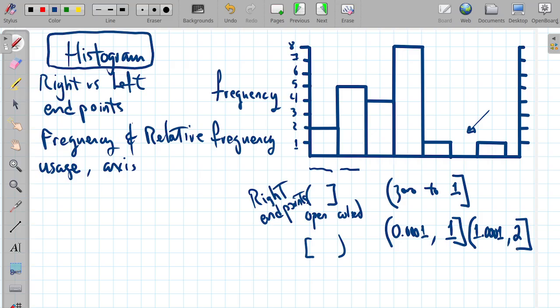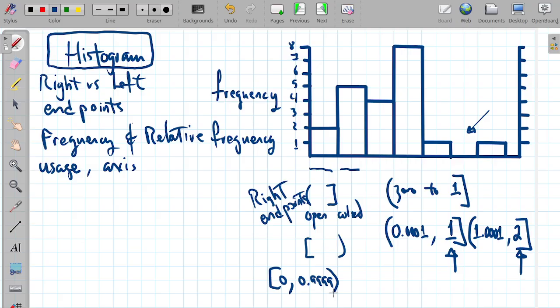Right endpoints mean you're including the right endpoint number, but excluding the exact left endpoint number. Conversely, if we had it the other way around, we would start at exactly 0 and go up to 0.9999, or however many nines you want to chase around.